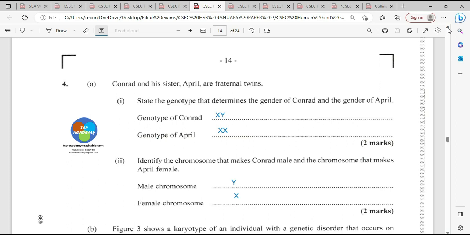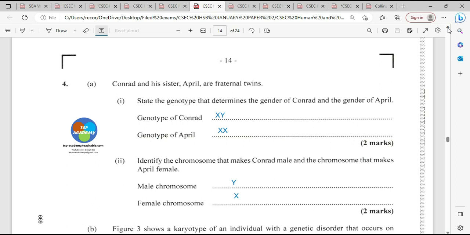Conrad and his sister April are fraternal twins. State the genotype that determines the gender of Conrad and the gender of April.